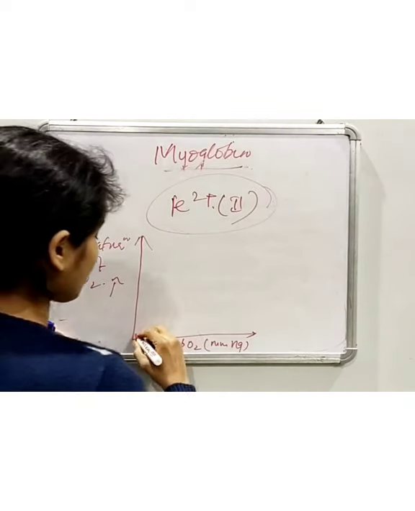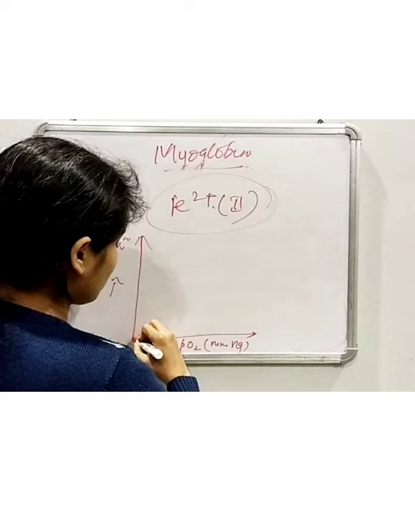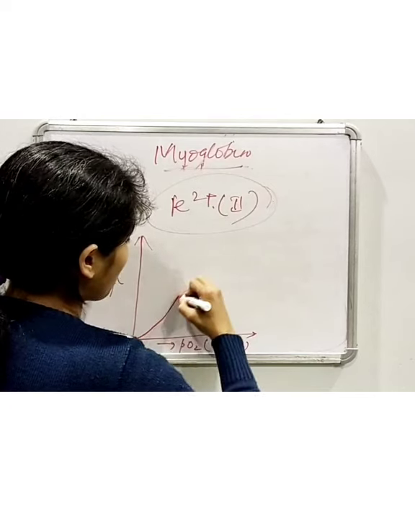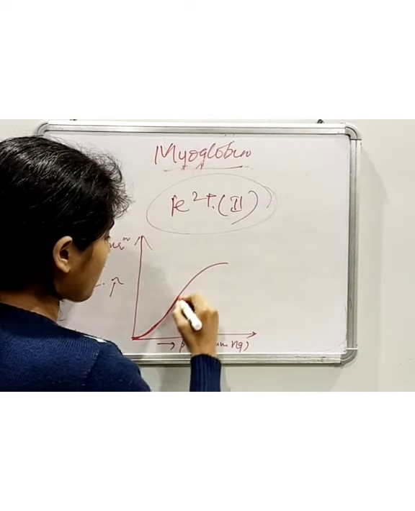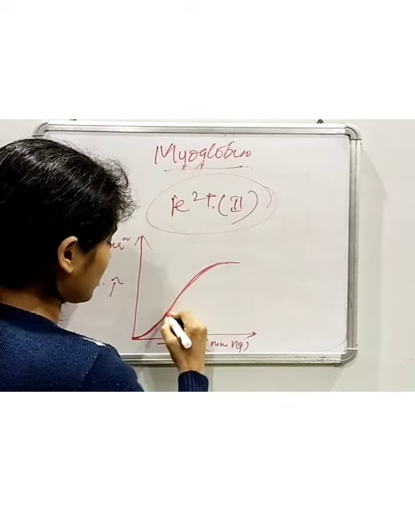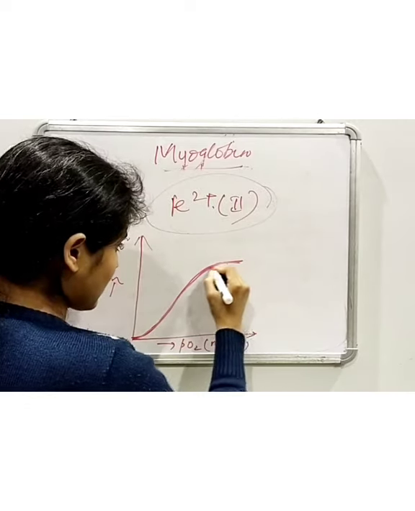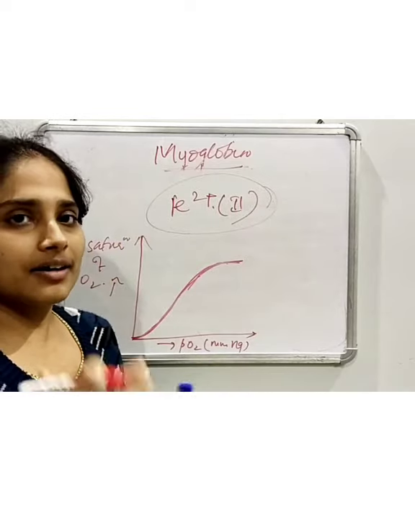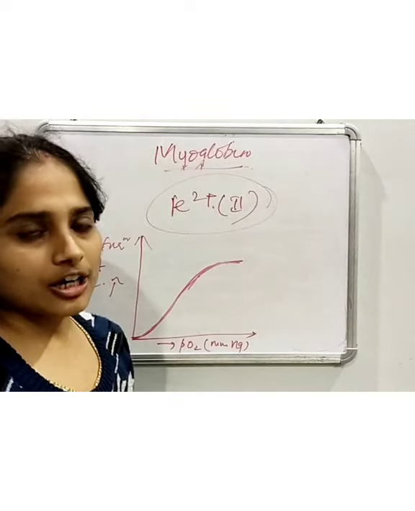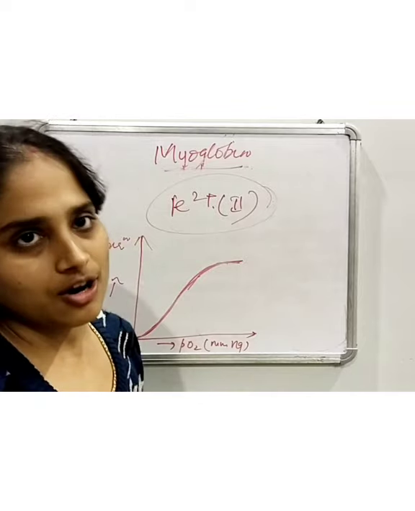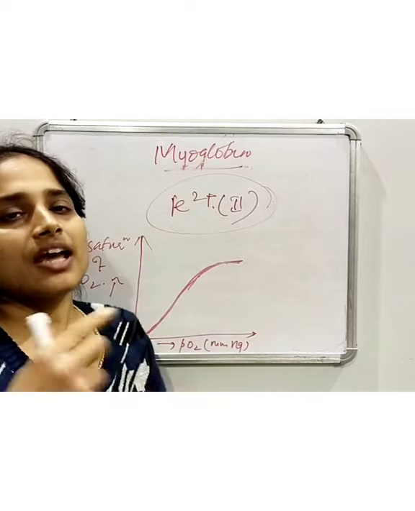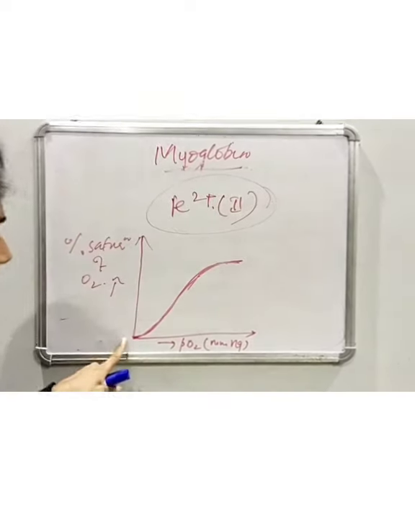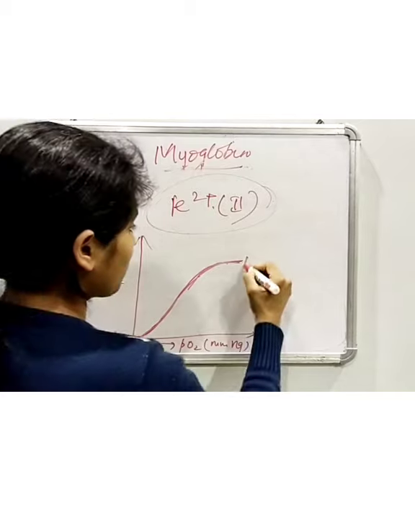The hemoglobin curve is sigmoidal because there is cooperative binding. Binding of one molecule of oxygen increases the affinity for another oxygen molecule, and the affinity increases 3 times when it reaches the Hb4O8 stage. So that is the sigmoidal curve which we obtain.